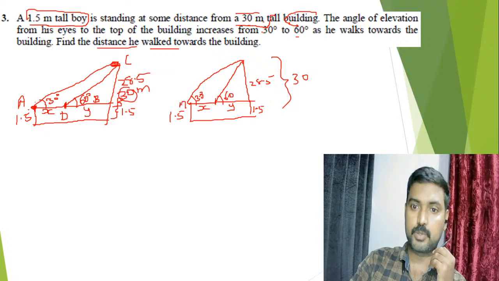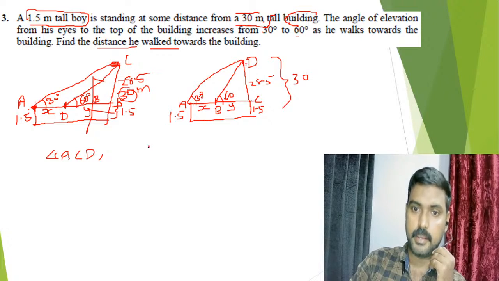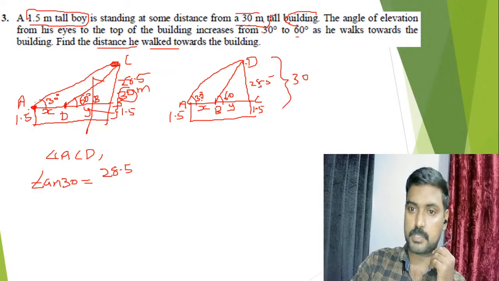Then we give names to the triangle: a b c d. Now consider the biggest triangle, ACD. In this triangle, the opposite side is 28.5, the angle is 30. So we can write that tan 30 is equal to the opposite side 28.5 divided by this adjacent side.